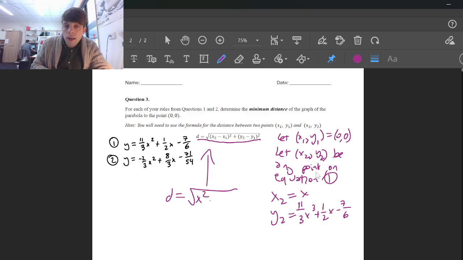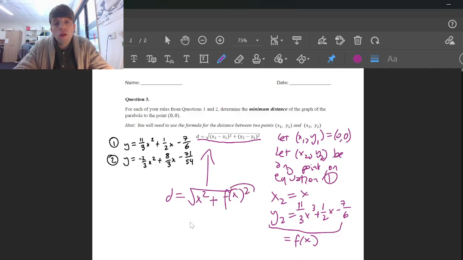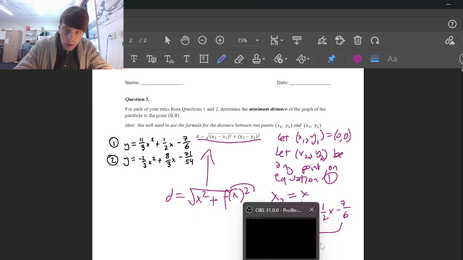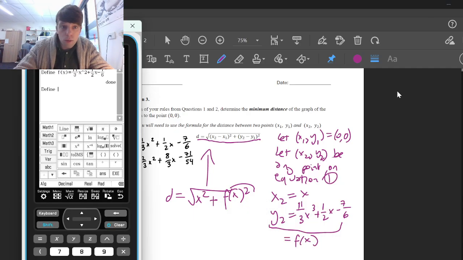So that's x squared, plus the difference between the y values, which is this y value. So that's the equation f of x. That's how I defined it on the CAS. The equation f of x, y2 minus y1, so it's that minus 0, so it's just f of x. So this is the equation for the distance between those 2 points: the square root of x squared plus f of x squared, where f of x is the equation of that first parabola.